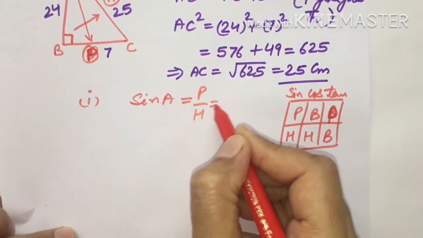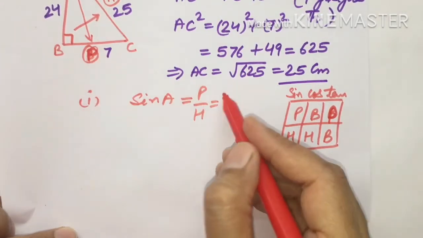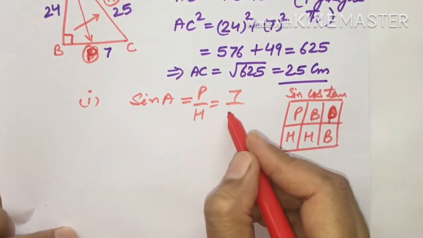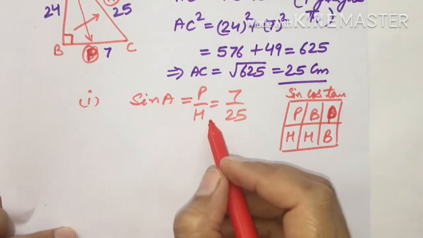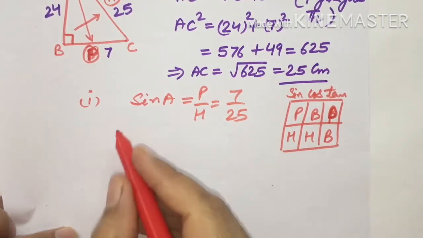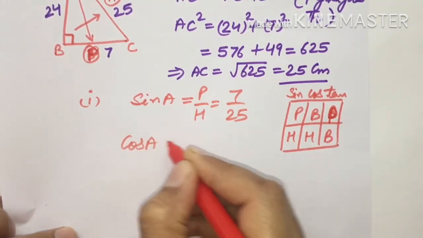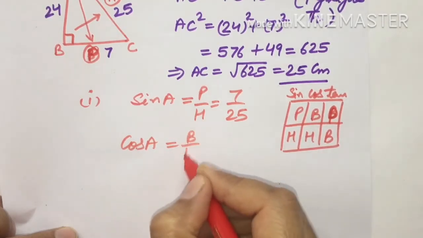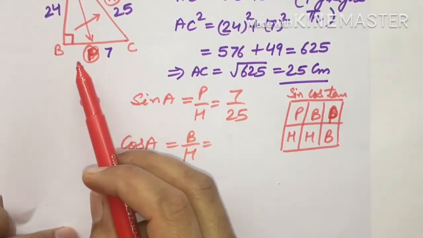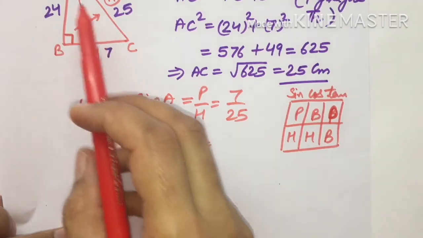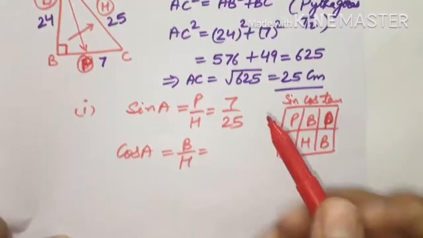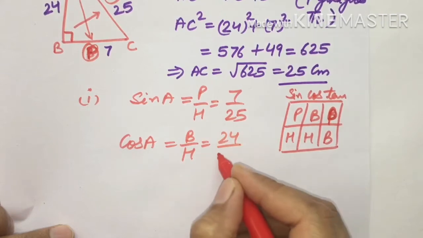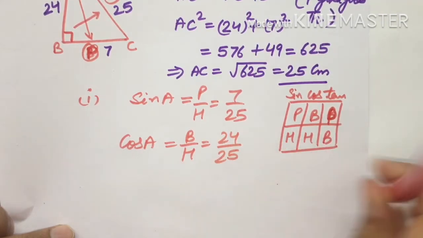Perpendicular is 7 and hypotenuse is 25. So the value of sin A is 7 upon 25. Then the value of cos A. Cos is equal to base upon hypotenuse. So what is the base here? Base is 24. So we will write 24 upon hypotenuse 25.